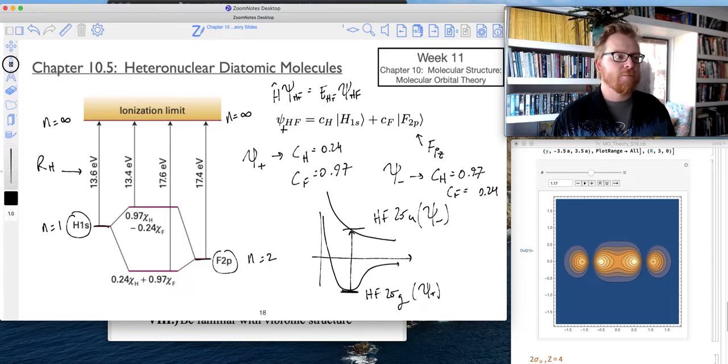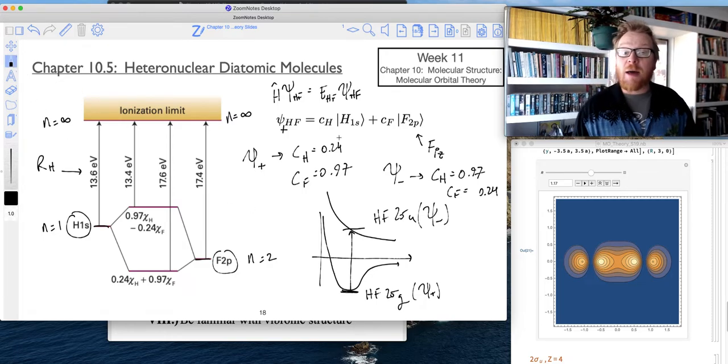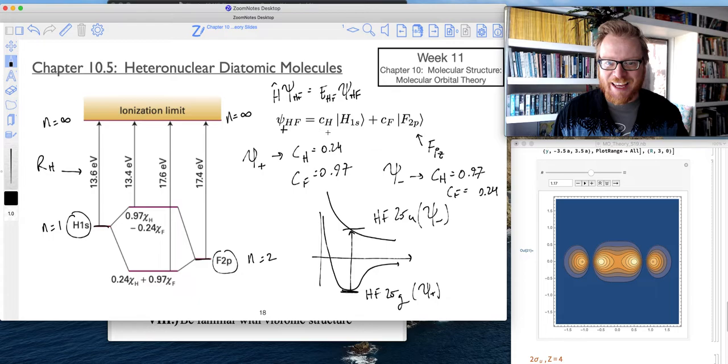Great. Like I said, there are a lot more complications in working out these energies and these coefficients. But what I want you to recognize for now is that it starts by looking at the atomic energies and trying to solve for the energy by minimizing the energy of the bonding state.